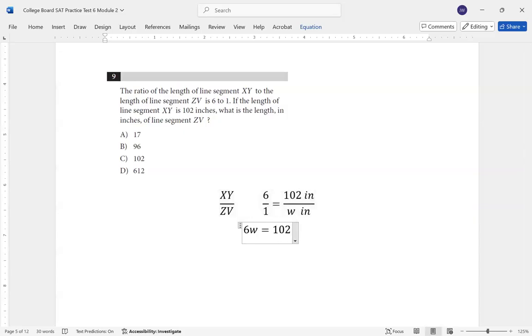And then I can divide both sides by 6 to give me that W, which remember was the length of ZV, is equal to 17 inches. So 17, because it asks for the length in inches, is my answer. And therefore, A is the correct answer to problem number 9.